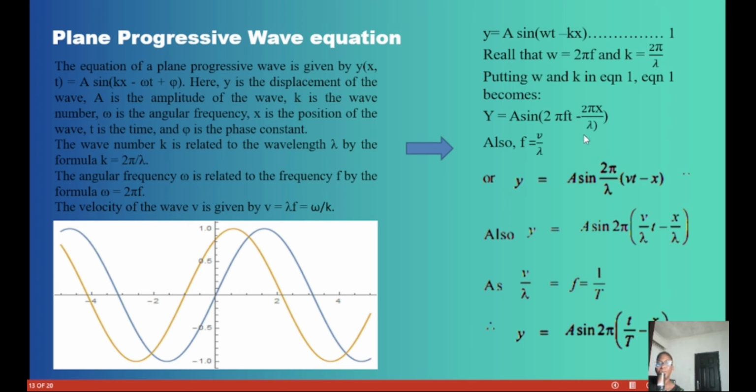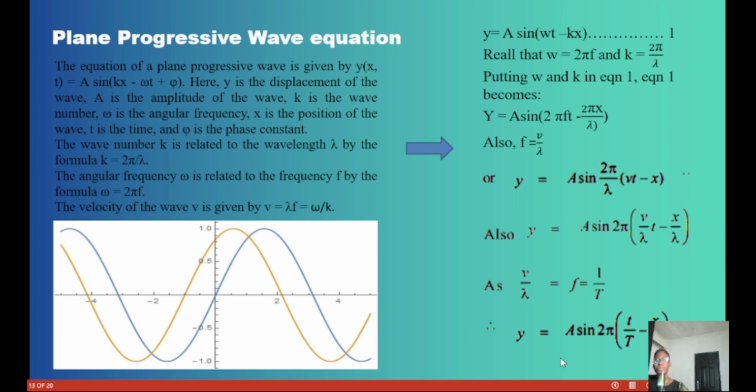You know how we did that? We just factorized the 2 pi outside, 2 pi over lambda, because we have lambda here, we have lambda here, so we can factorize the 2 pi over lambda out. Then we're going to have vt minus x, and so on and so forth. So this is just so simple. Look at another one here. vt over lambda, bringing back the lambda, and so on and so forth.